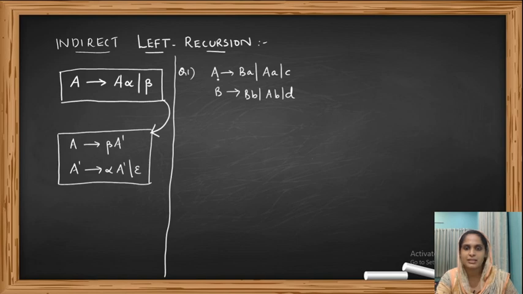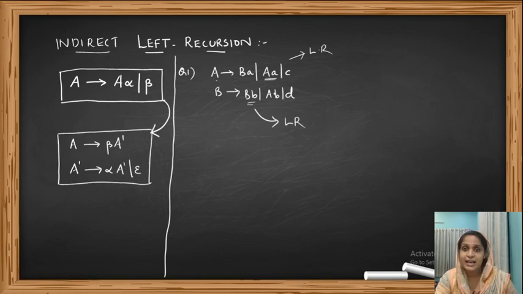In the first production, the left hand side is capital A and the second term on the right hand side starts with capital A, so this production contains left recursion. Similarly, in the second production, the left hand side is capital B and the right hand side starts with capital B, so it is also left recursive. I'm talking about direct left recursion, the left recursion that we have seen in the previous videos.